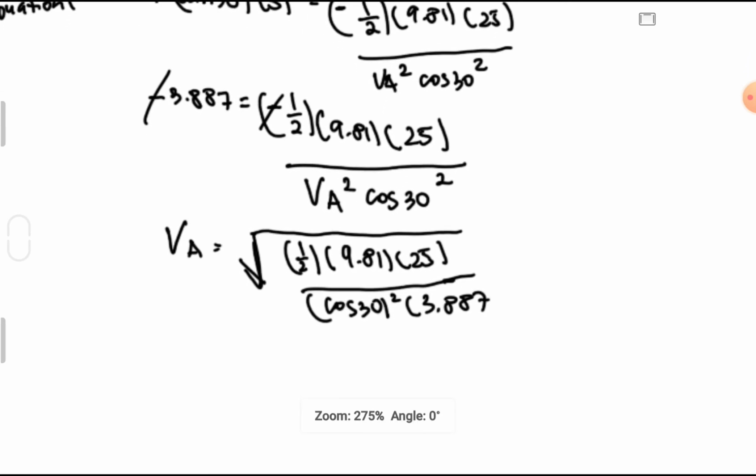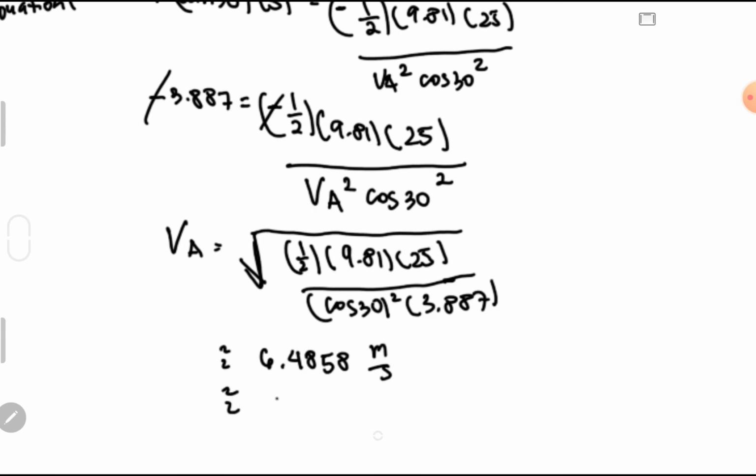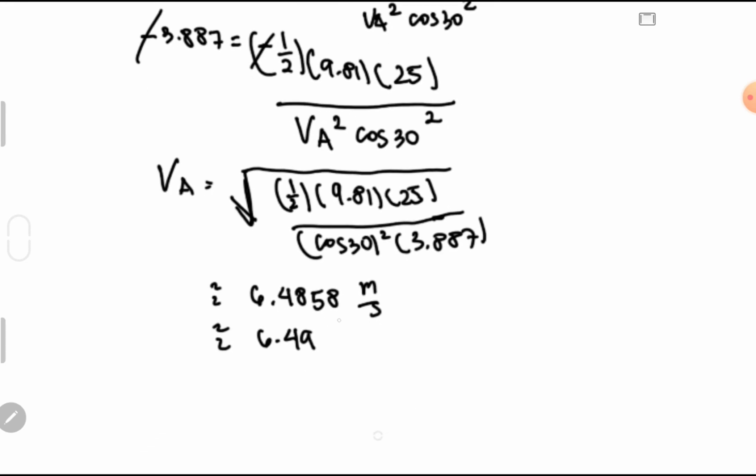Okay? So our value will be approximately equal to 6.4858 meters per second, or 6.49 meters per second.